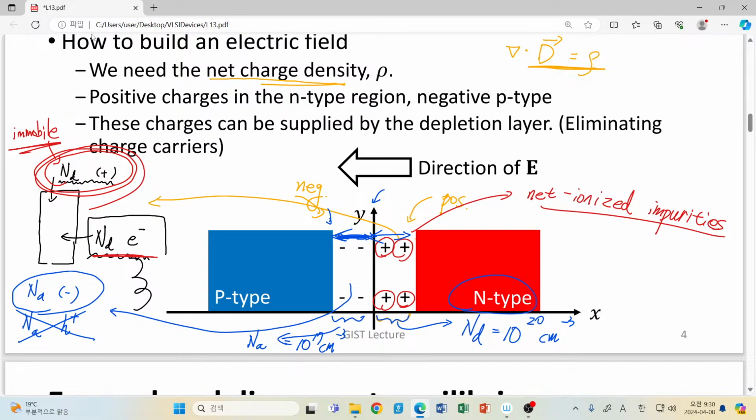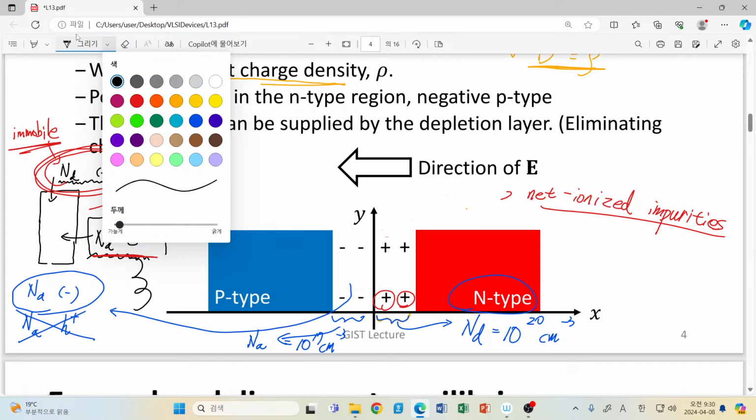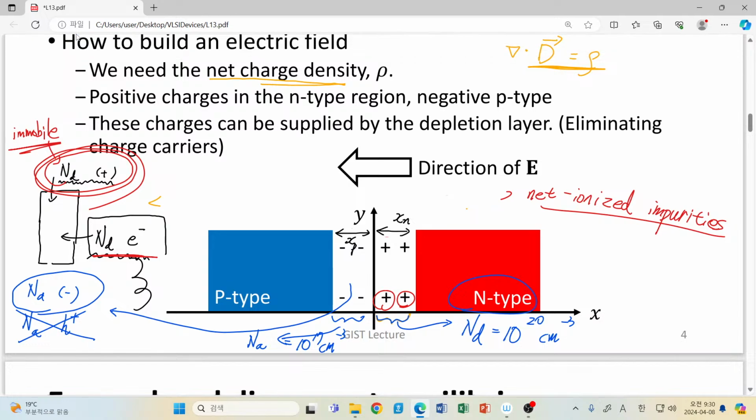So let me emphasize once again. Let's call this distance xp, the p-type depth, and xn the depth of the depletion layer in the n-type region. Then the relation between xp and xn is quite obvious.